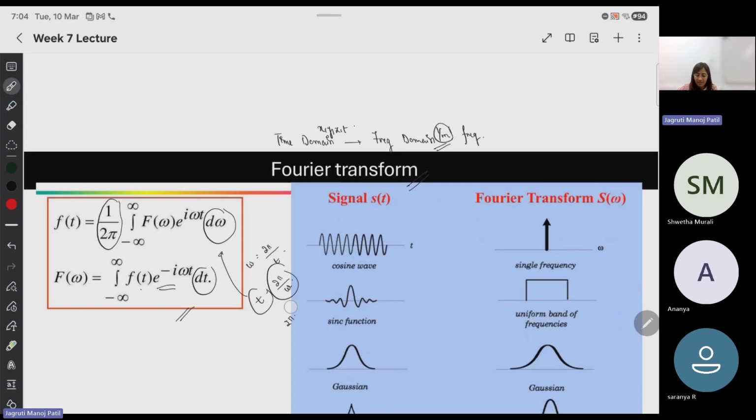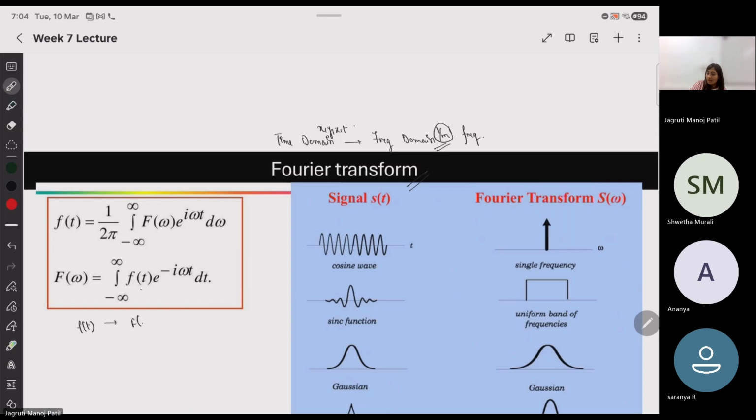That's why you have this factor here. So the time domain and frequency domain conversions are always reversible. You can always convert from one domain to another, time domain from frequency domain and frequency domain to time domain, vice versa.